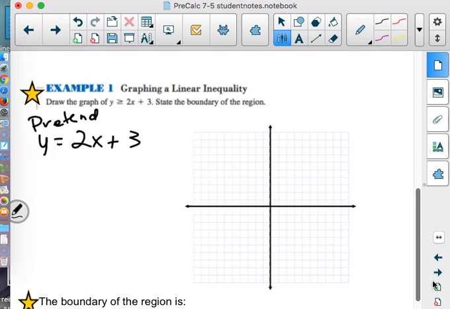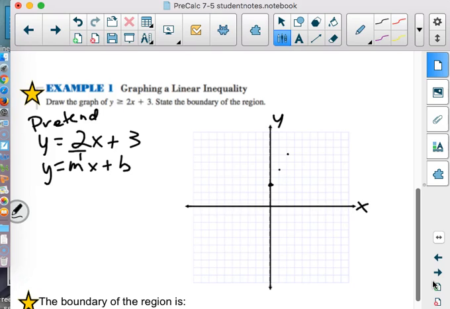And then we look at that and say, well, we know how to graph that. That's y equals mx plus b. So if it's y equals mx plus b, we'd start at 3 on the y-axis, because remember, b is always the y-intercept. And then how do we use the 2? It is the slope. And you always use it as a fraction, so up 2 and over 1. And you can do that a couple of times so that you have something to aim at.